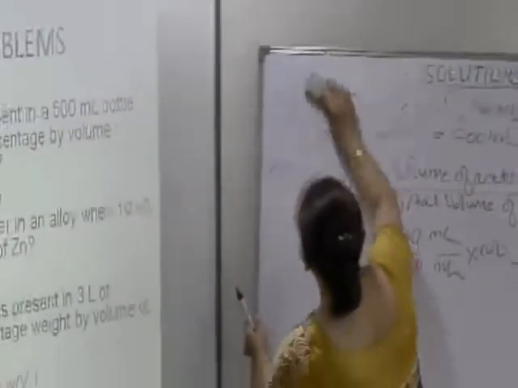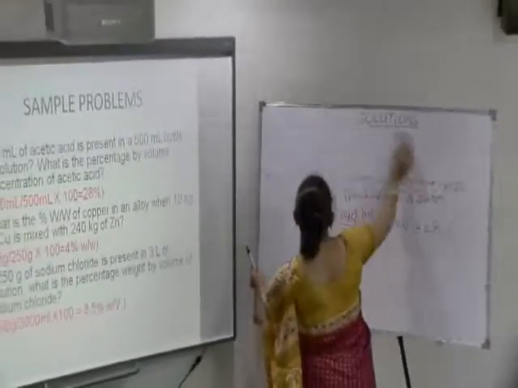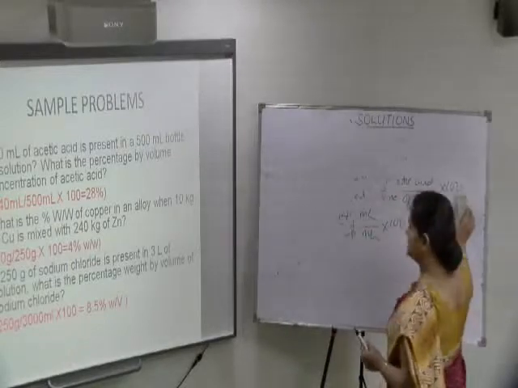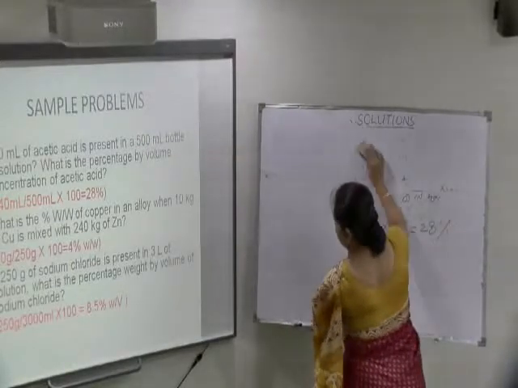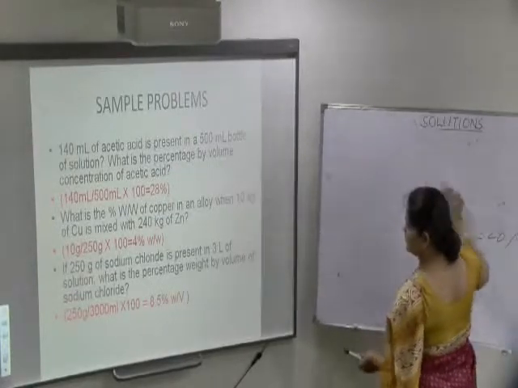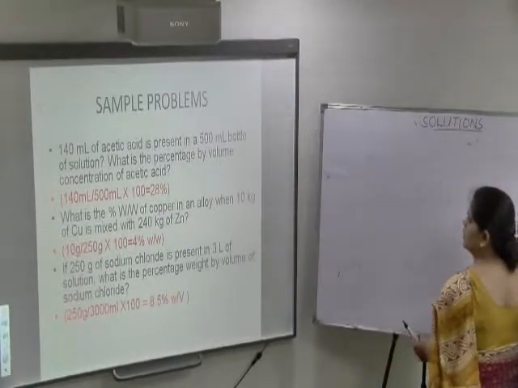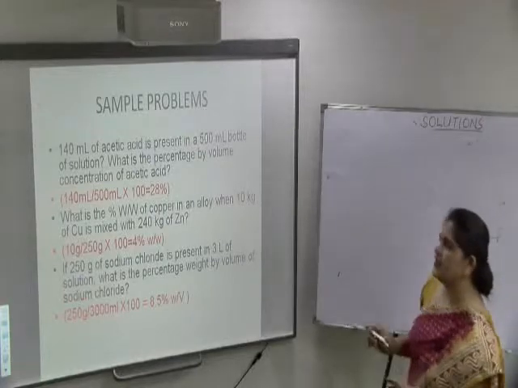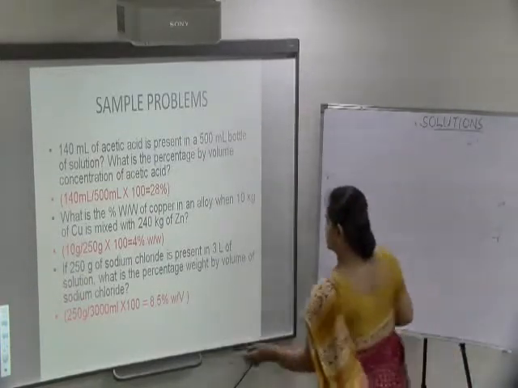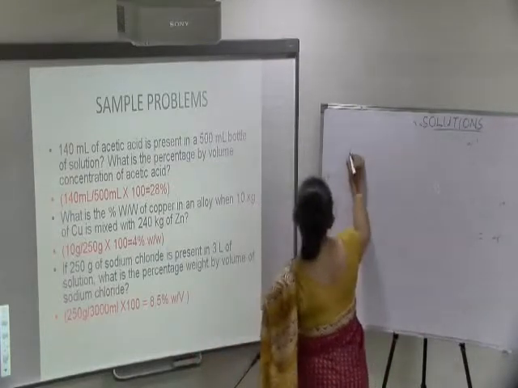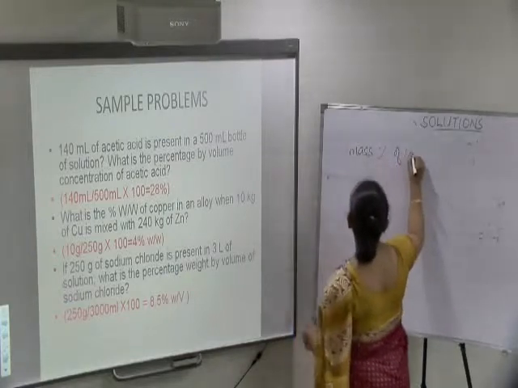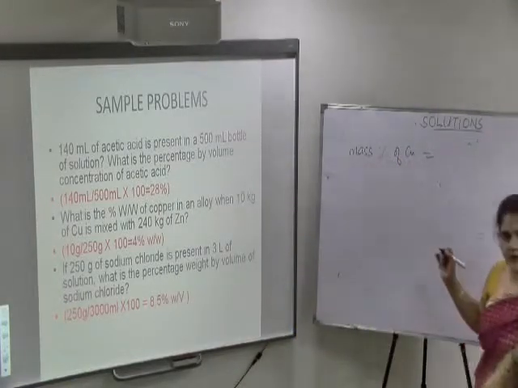The second example is: what is the percentage mass by mass of copper in an alloy when 10 kg of copper is mixed with 240 kg of zinc. When we talk about the mass percentage, here we are asked to find the mass percentage of copper.